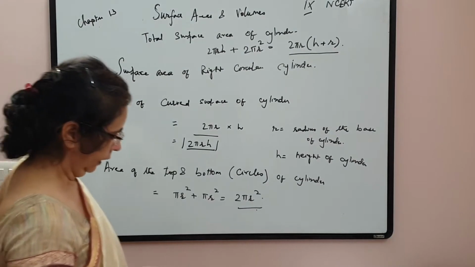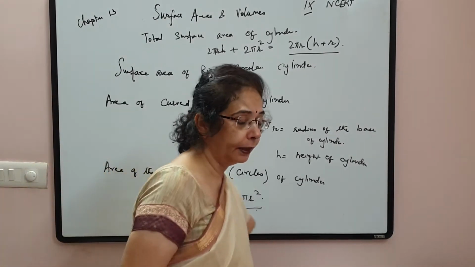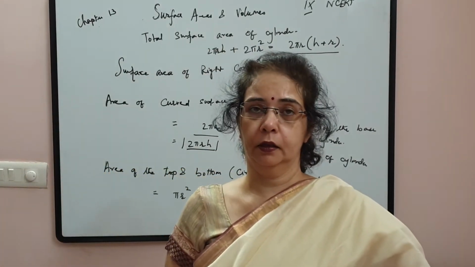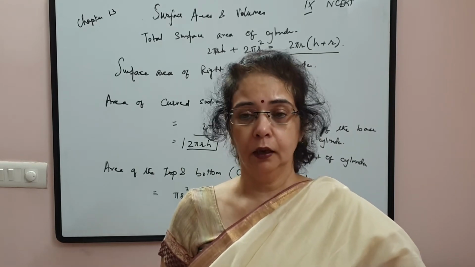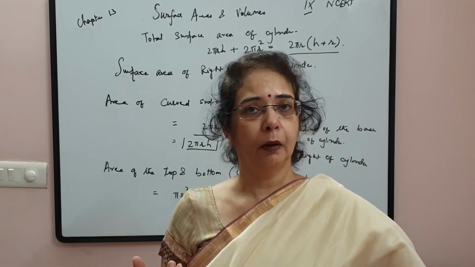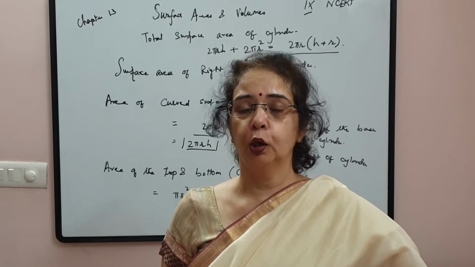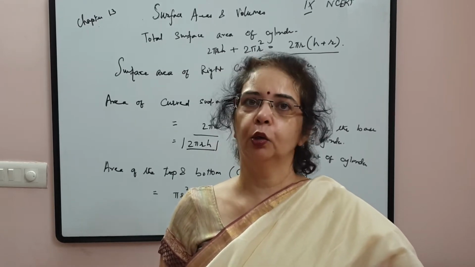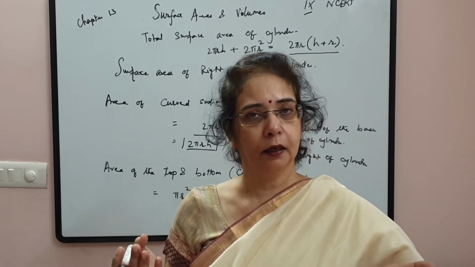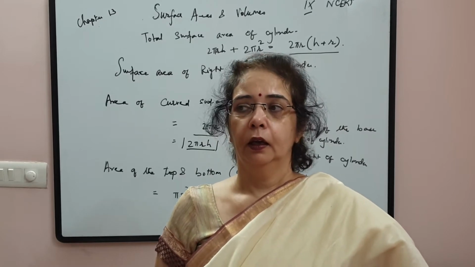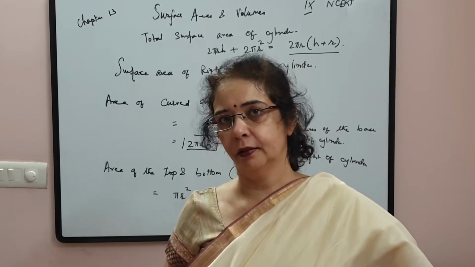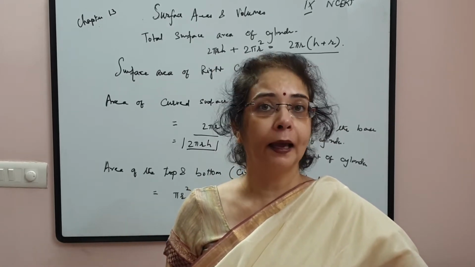Okay. Now children, when you are attempting questions related to cylinders, you will have to see what the question is demanding of you. Is it talking of only the curved surface area? Then you have to take into consideration that the area is 2 pi r h. If they are talking of the two bases, the area is 2 pi r square.